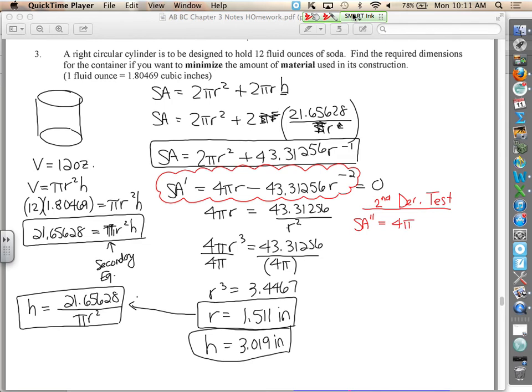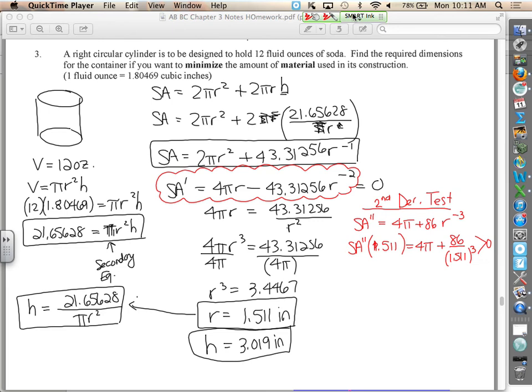And negative 2 times the negative 43 is going to give me 86 point something or other, r to the negative 3. And if I plug in my 1.511, well, 4 pi is always going to be positive. 86 over 1.511 cubed, that's going to be a positive number plus a positive number, so it's greater than 0.